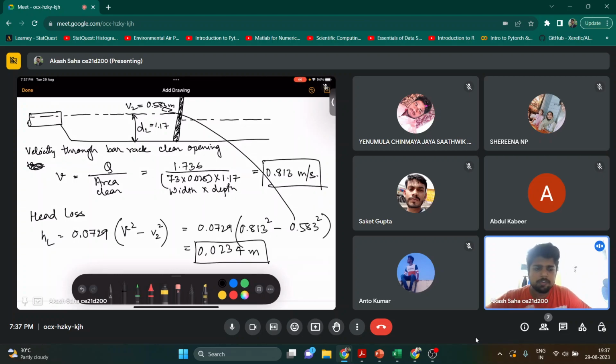In this way, we will be able to find the velocity and depth at each position. And at last, we will check the head loss. My HL should not be more than 150 mm, which is equal to 0.15 meter. So it is fine. My design is okay.